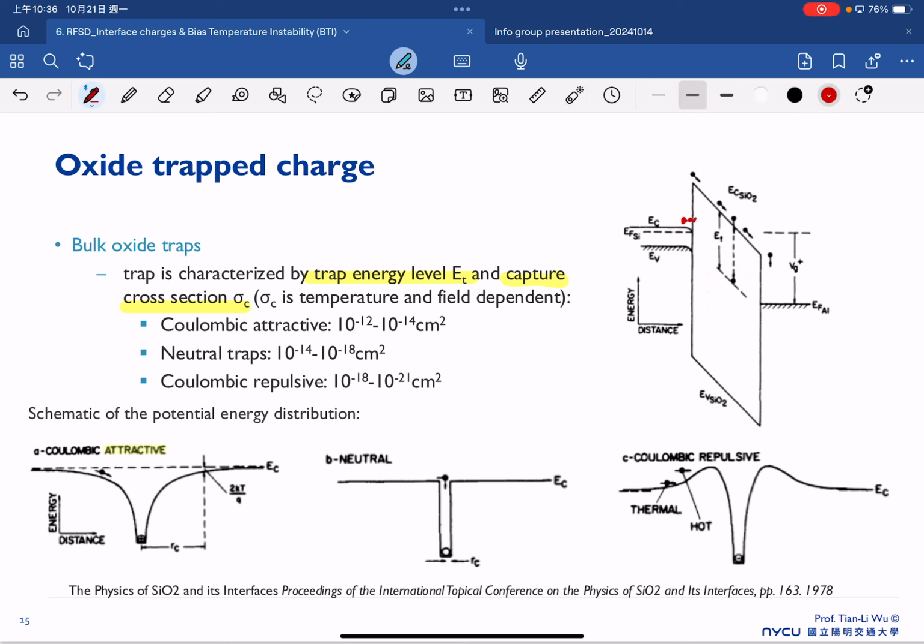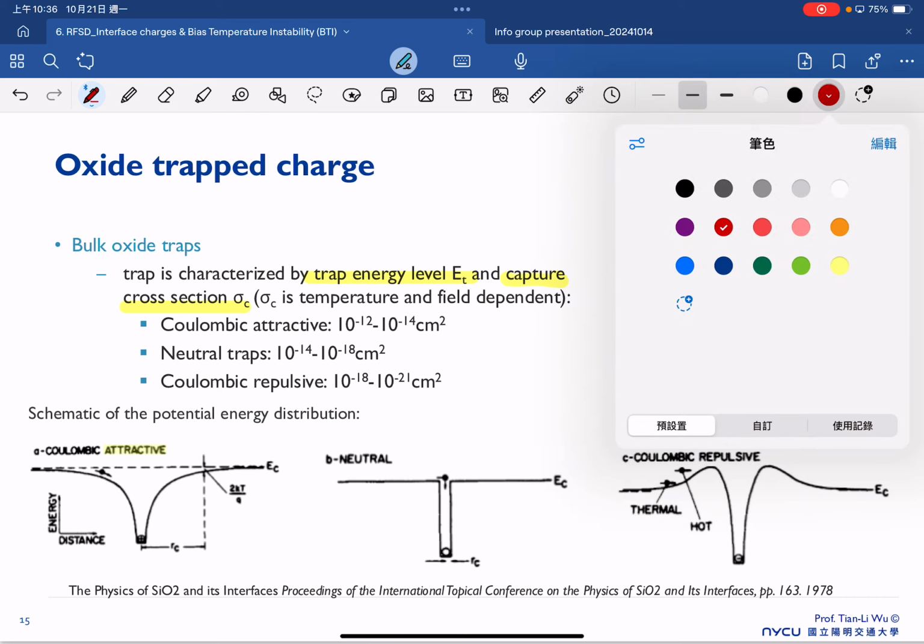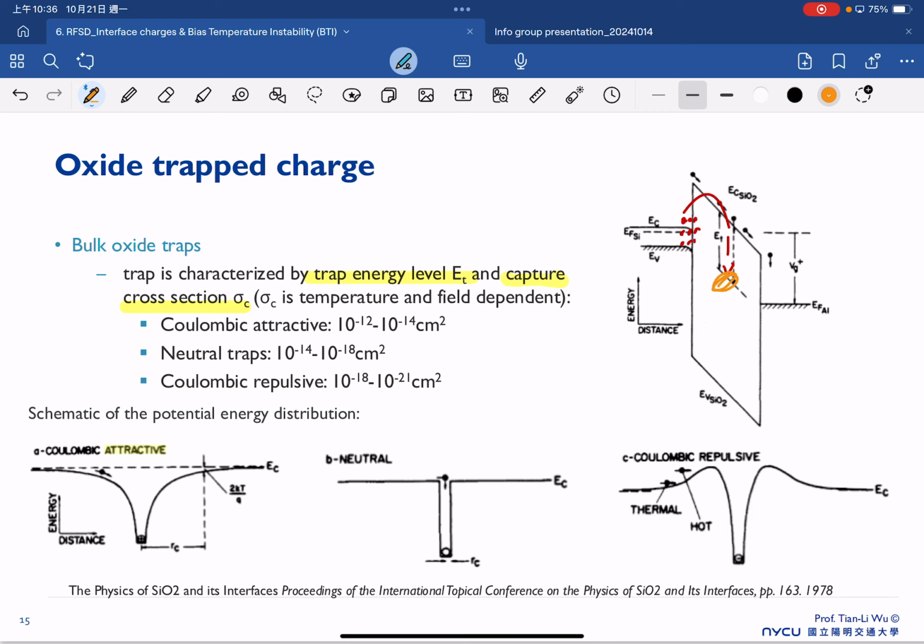So we start to have electrons at the interface, and the electrons will start to move in, but suddenly if there's a vacancy here, then the electron will start to fall into this energy well and stay here.